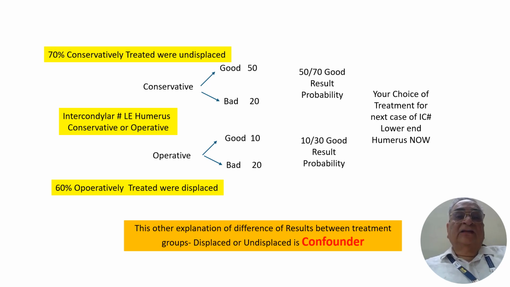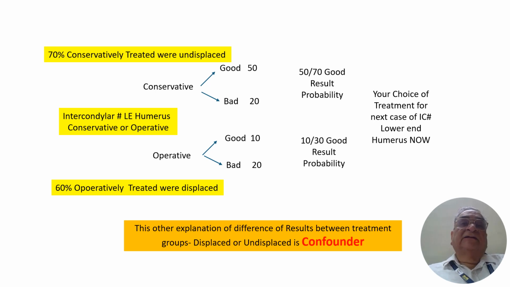So this displaced or undisplaced fracture is the other explanation of the difference in the result of treatment that we see, and therefore this other explanation is called as confounder. So this is the confounder.